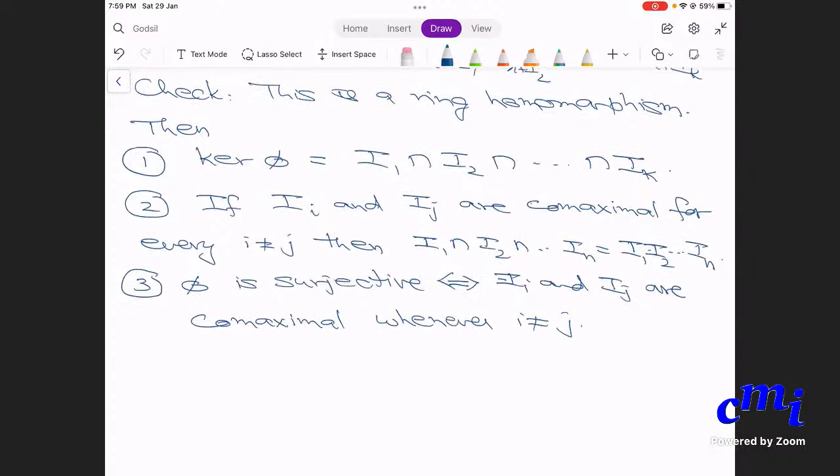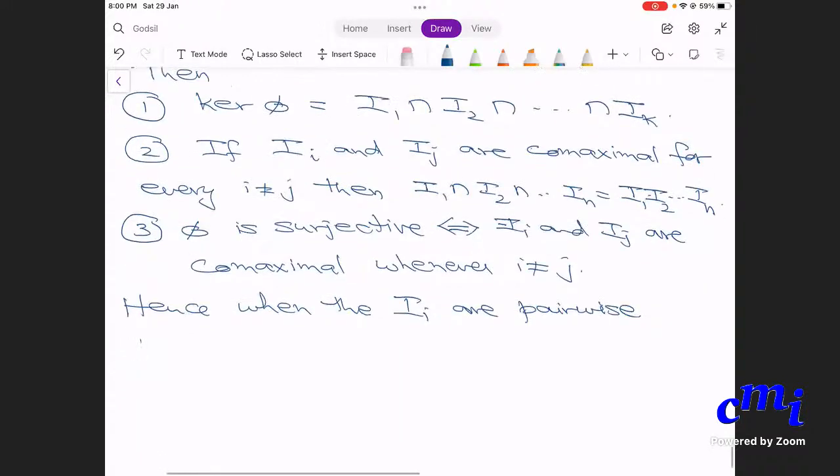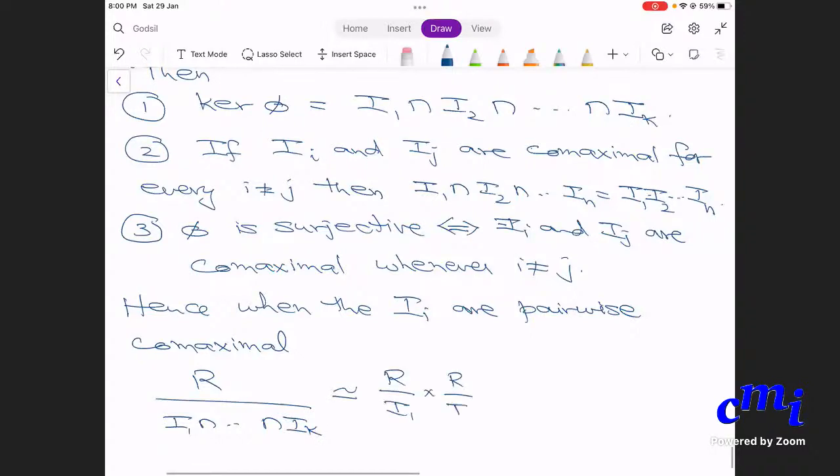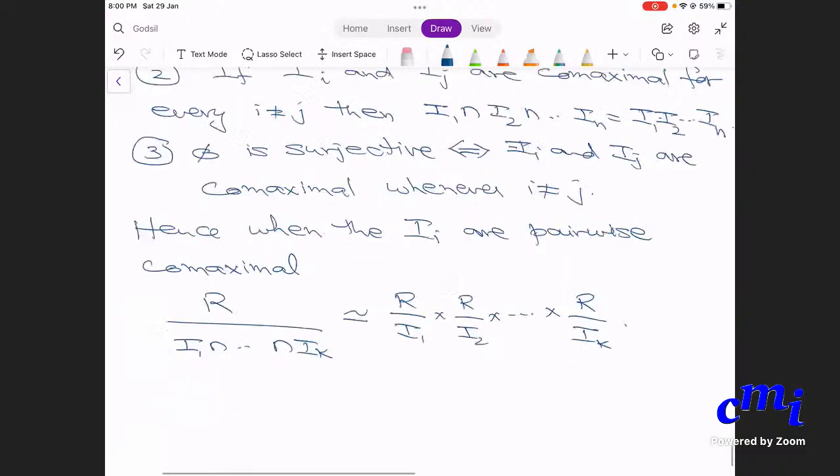Hence, when the ideals I sub i are pairwise co-maximal, the ring R mod I1 intersect through Ik is isomorphic to the ring R mod I1 cross R mod I2 cross through R mod Ik. That's what this Chinese remainder theorem finally says.